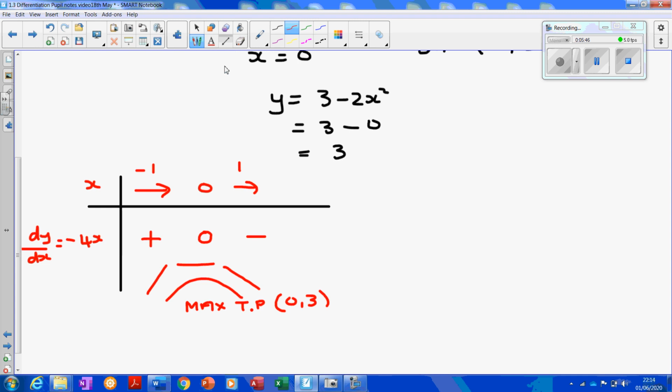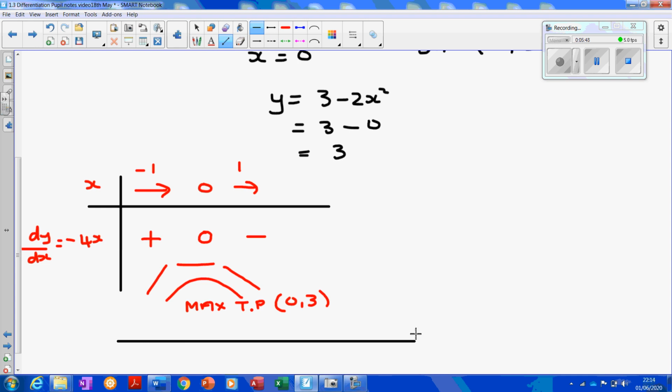Right, now I need to find out where the curve is increasing, where it's decreasing, so draw your x-axis in. Pull down your stationary point, so there was a stationary point sitting here, and again it's x equal to 0, and this is just a coincidence that they're all the same in this exercise to start with. Right, so what's happening before this? It's all pluses, so derivative is all positive, and after that the gradient of the tangent of the derivative is negative.